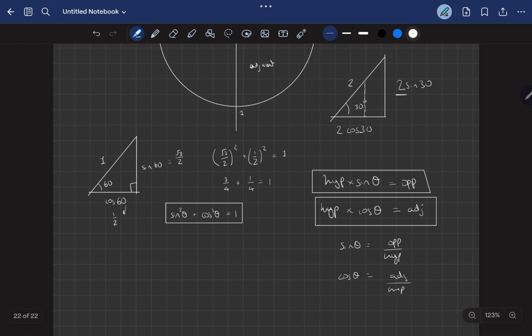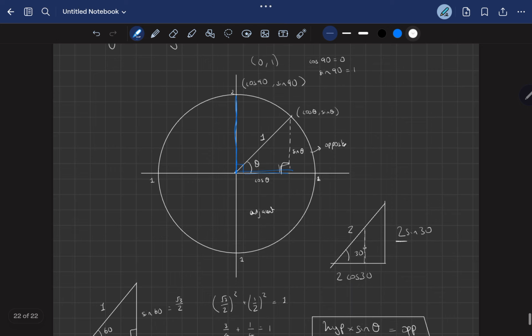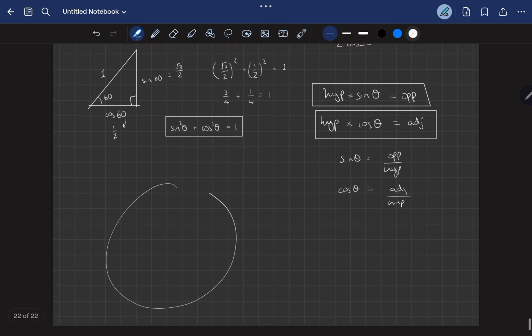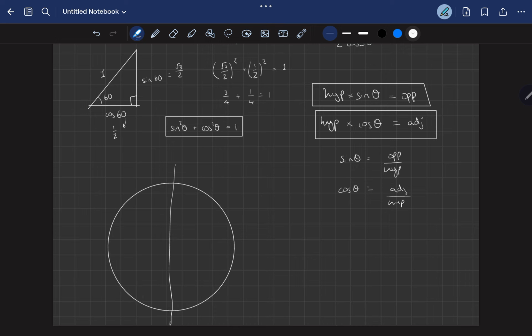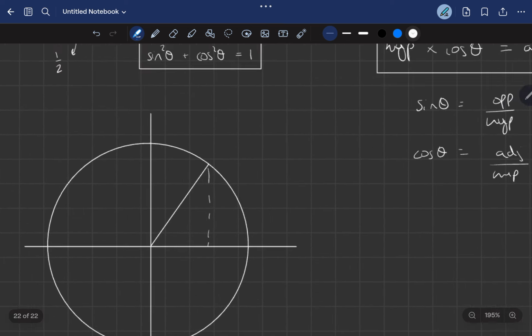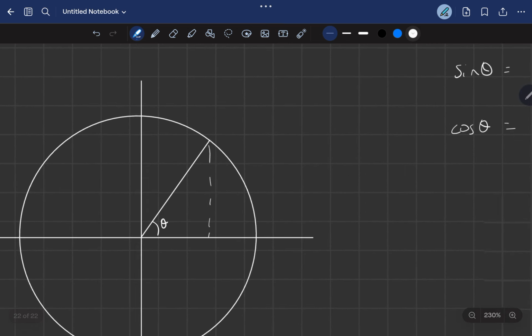Now, let's talk about tan. Okay? So let's say I've just done this. Now remember, this is theta, this is 1. This is going to be sine theta, this is going to be cos theta, right?